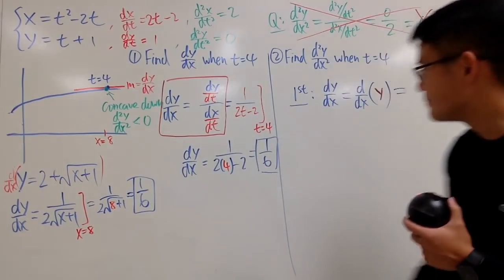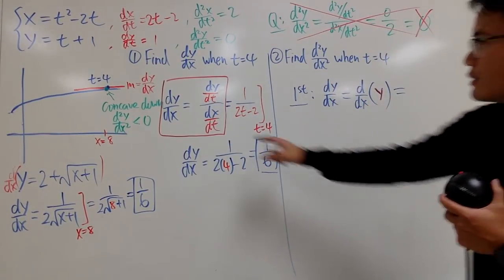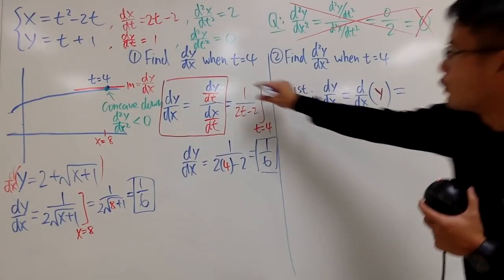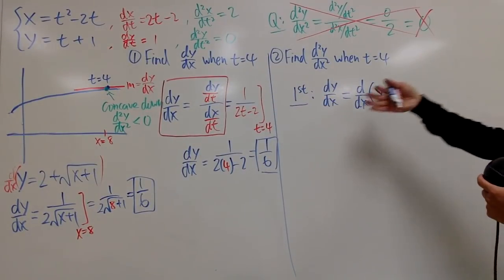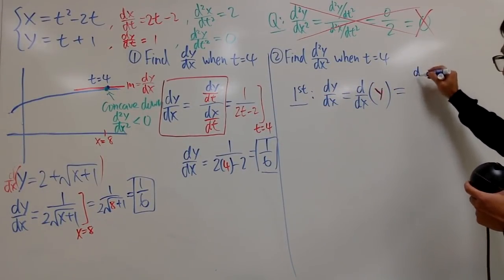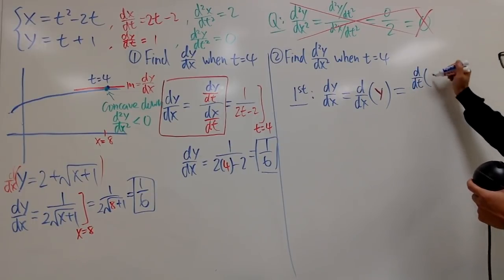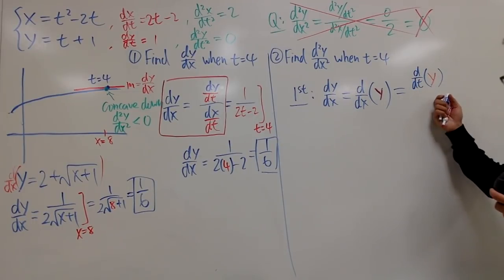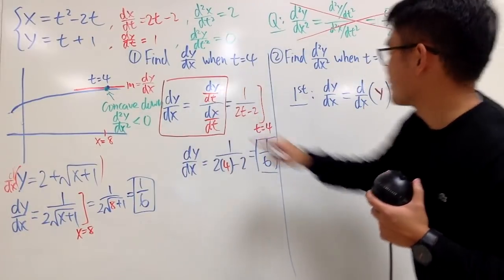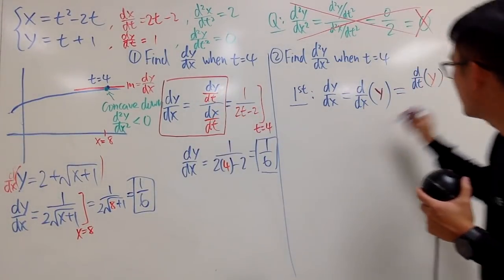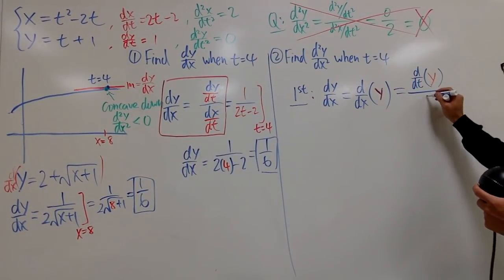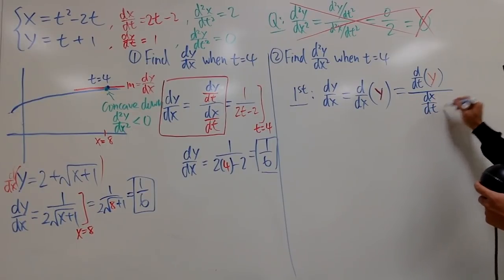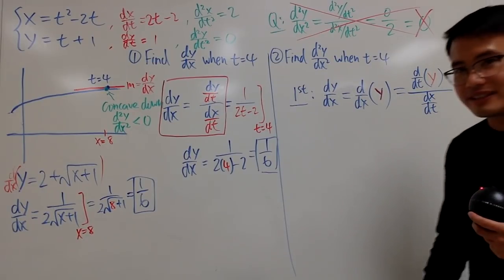When we have dy/dx, I'm going to write it as d/dt of y like this. Same thing, okay? And then for the denominator, I will divide by dx/dt, and this is pretty much it.